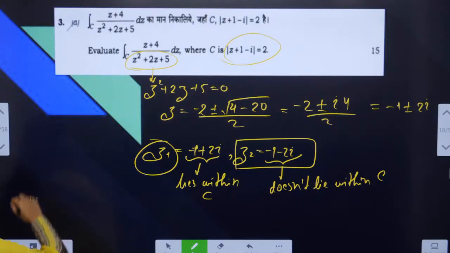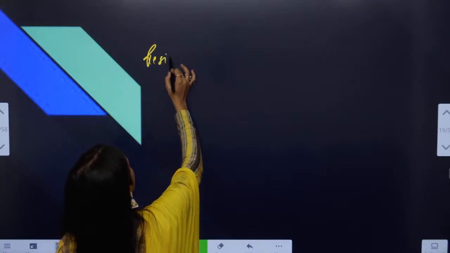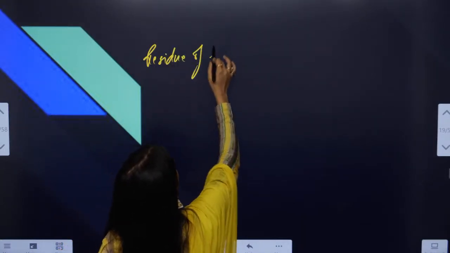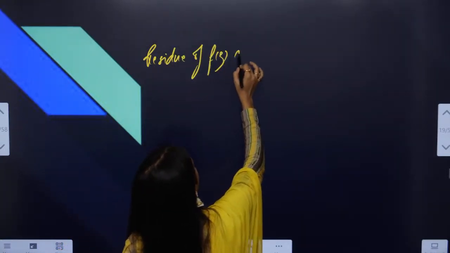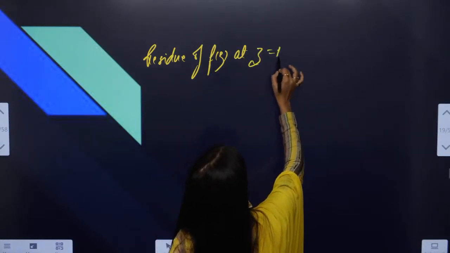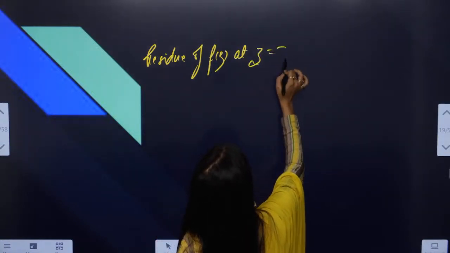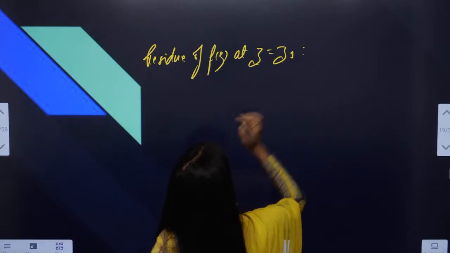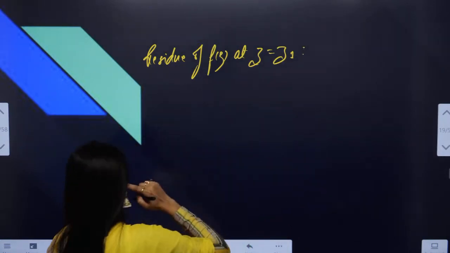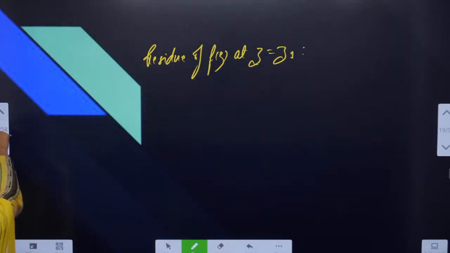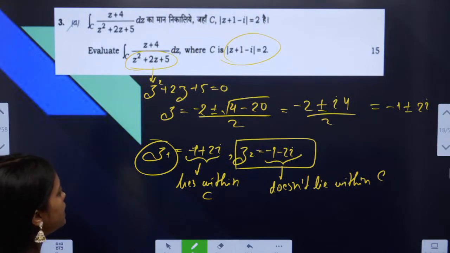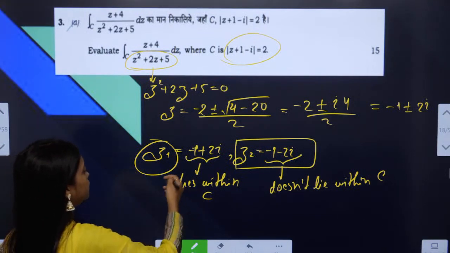So the residue of f(z) at z equals z1 is the limit as z tends to z1.